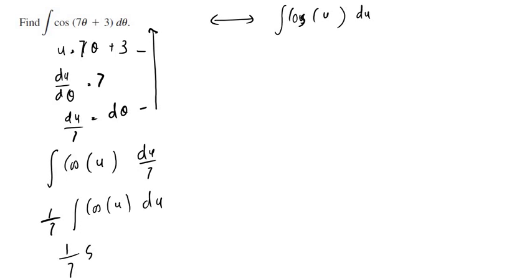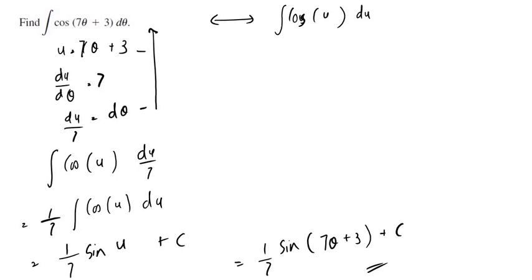So we have sine u plus c, and we do not keep it like this, we have to substitute the u. So we have to give it in terms of theta. So we have 7 sine u, where u is equal to 7 theta plus 3, plus c. So that's the answer. Let's do one more question.